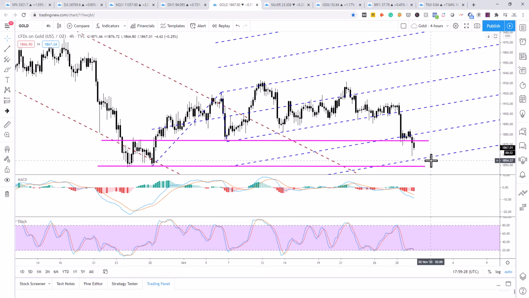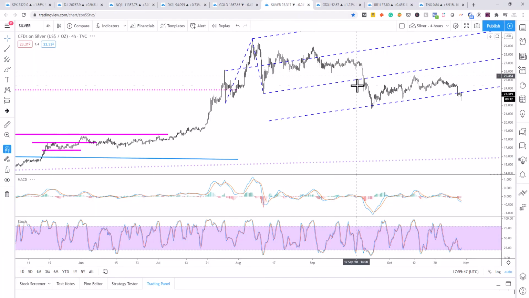Our next support is down around 1850. We've got another median line extension from this blue Schiff pitchfork, and then we've got a horizontal support level around 1850, maybe a little bit lower than that.